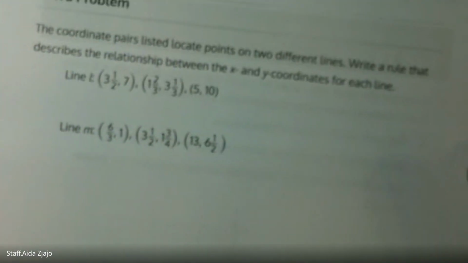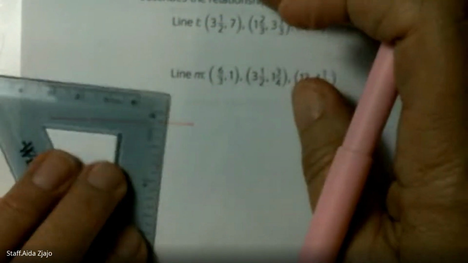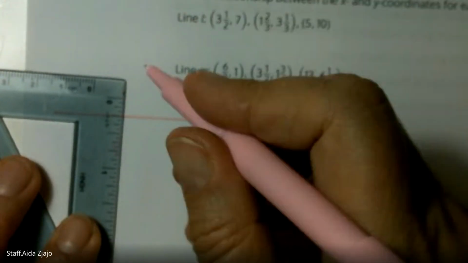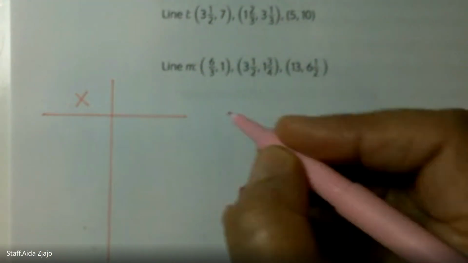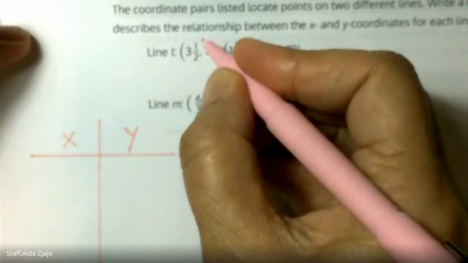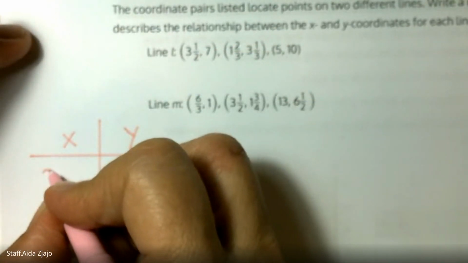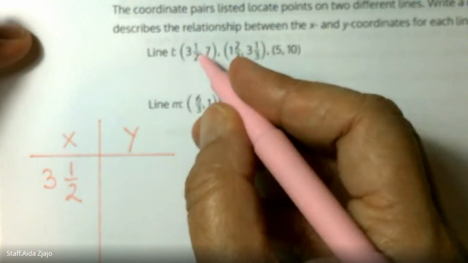So line L. If I have the T chart like this, this is going to be my X and this is going to be my Y. Now the X is 3.5, and then Y is 7.